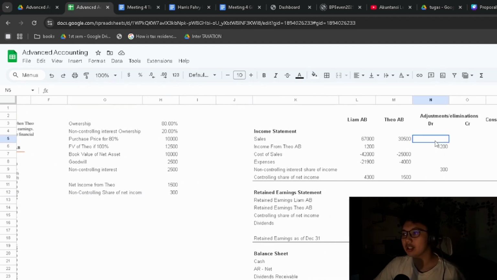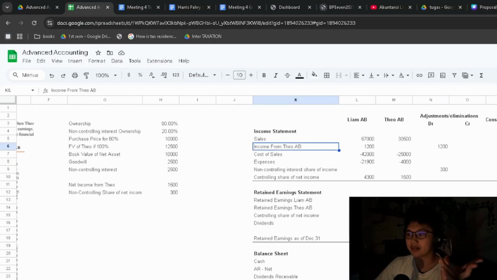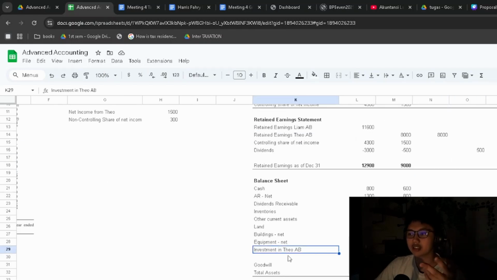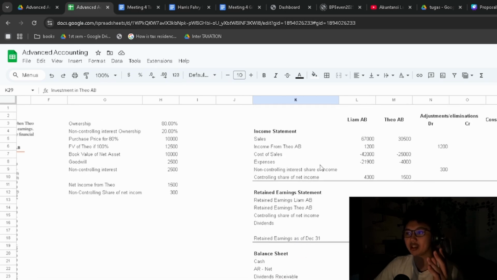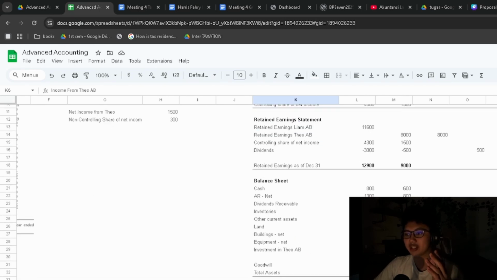And then you can make adjustments according to that. And you can also make adjustments to omit accounts that should not be in the consolidated statements, such as income from subsidiaries or investments in subsidiaries. So those kind of accounts, and you instead replace it with, in this case, actual income, and in the case of investment in subsidiary, you replace it with the assets, because you get assets from your investment.